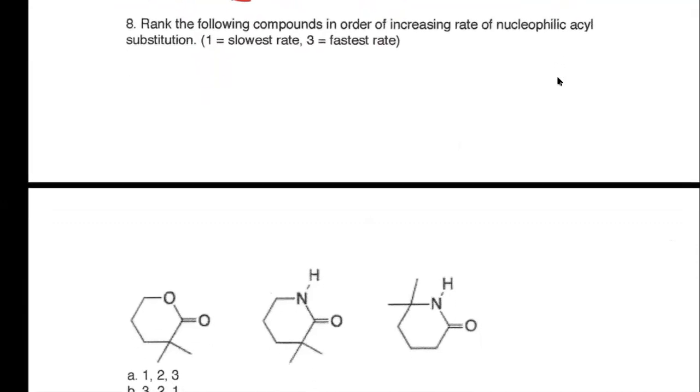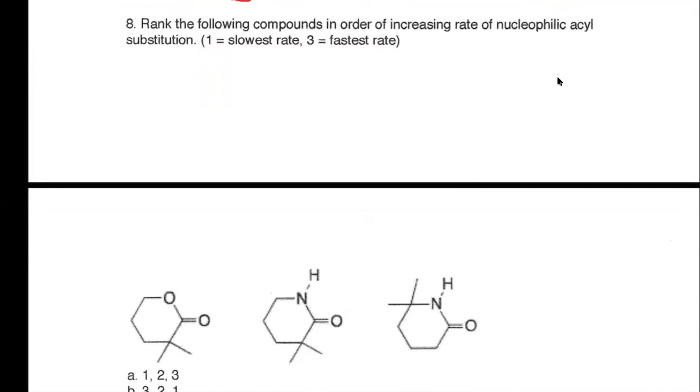So here it says rank the following compounds in order of increasing rate of nucleophilic acyl substitution. So we previously had a question that involved nucleophilic acyl substitution, right?